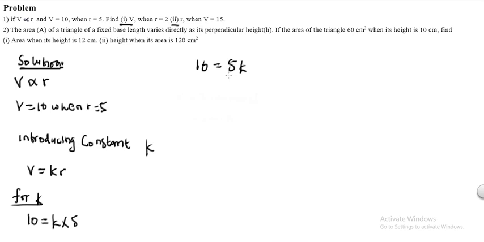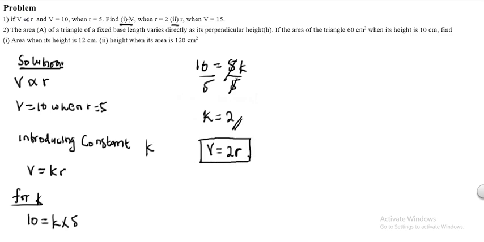If I divide both sides by 5, the 5 cancels out, and K is equal to 10 divided by 5, which is 2. So my constant K is 2. Now the relationship between V and R, the equation, is V is equal to 2R. So this is the equation I'll use to solve for the other two things I'm finding.